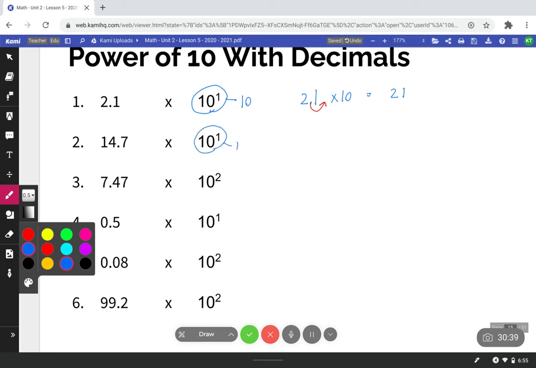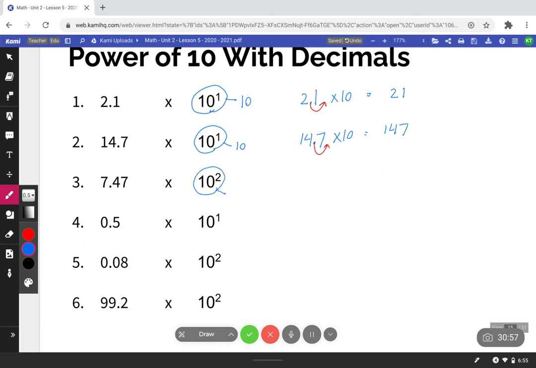10 to the power of 1 equals 10. So 14 and 7/10 times 10. I move the decimal place over 1. So 147. 10 to the power of 2 equals 10 times 10, 100.